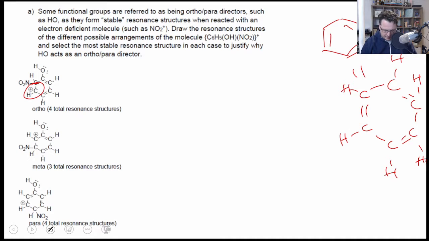Now, that positive charge, right, that carbon isn't at a full octet, right, and that's why this isn't going to be a stable structure, so to say, right? And so that positive charge is going to want to essentially move its way around as best as it can, to actually get to a point where it can be stable, right?